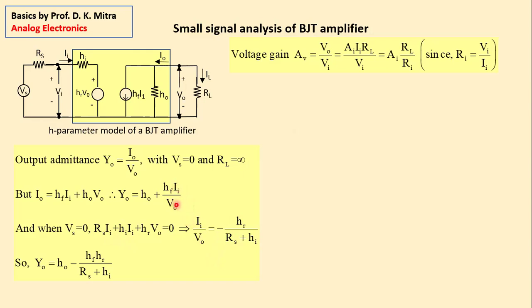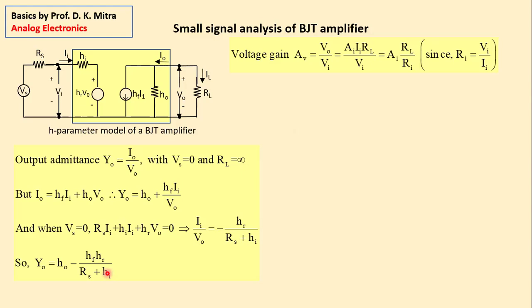This II by VO can be replaced by this factor. So YO will be equal to HO plus HF multiplied by this factor, which becomes HO minus HF HR divided by RS plus HI.